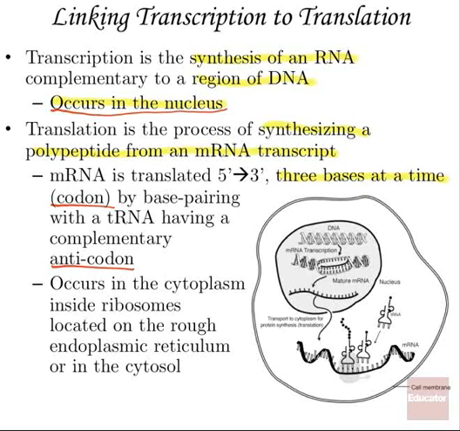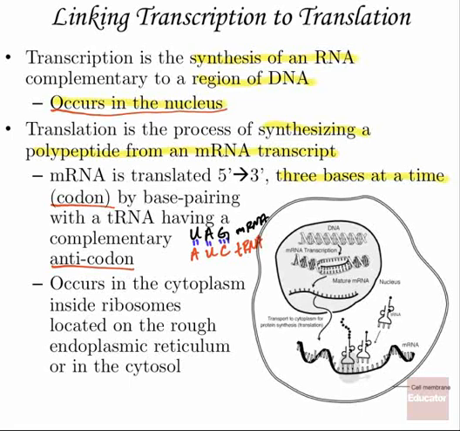So an example being, let's say, UAG on your codon, your mRNA, would match up with AUC on your tRNA. All right, and remember, we would have the hydrogen bonds between there, right?